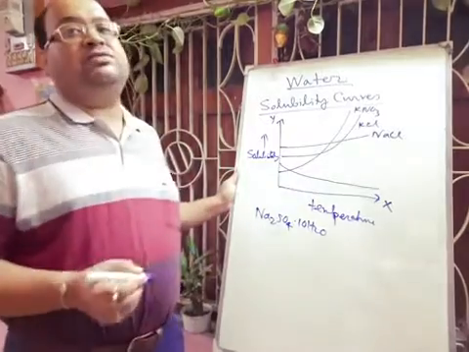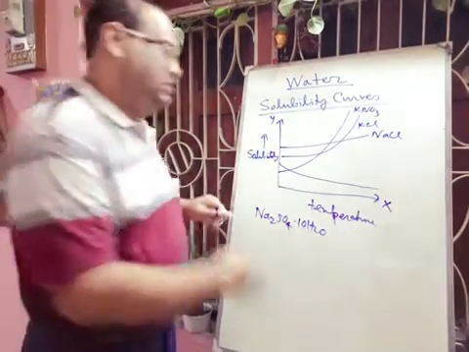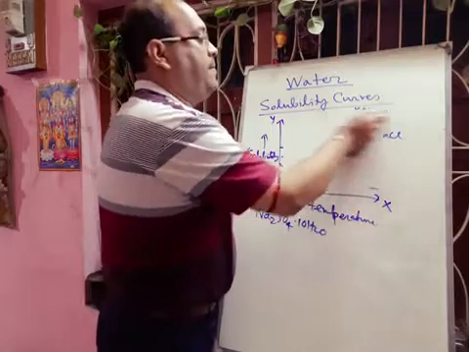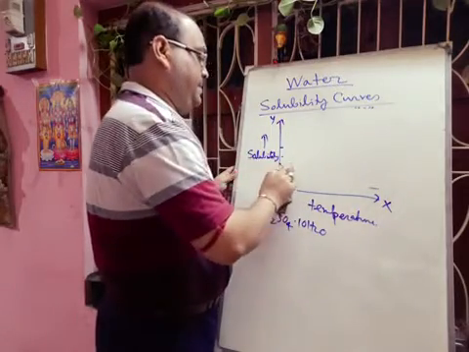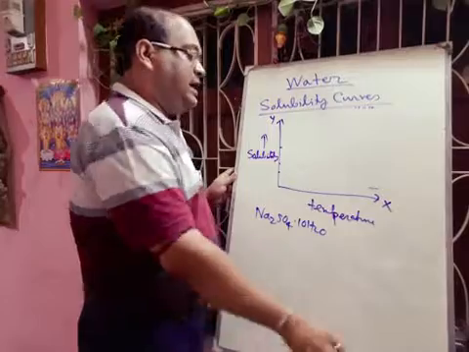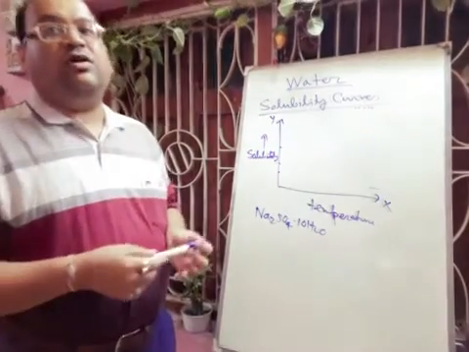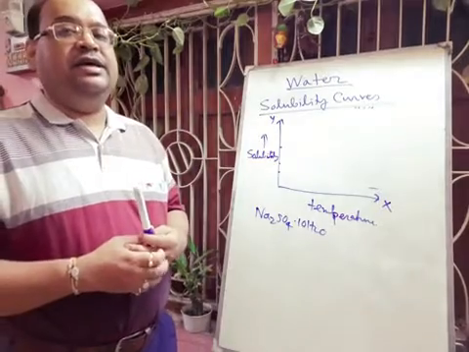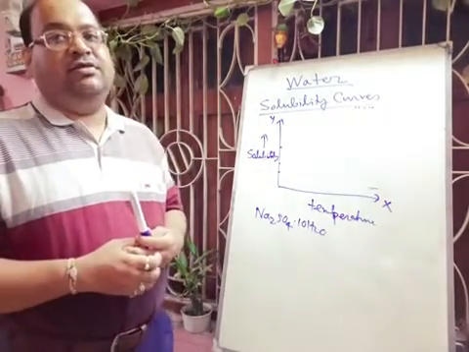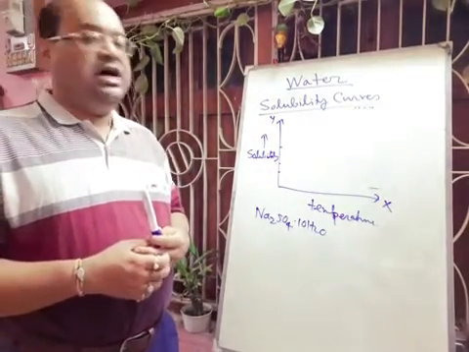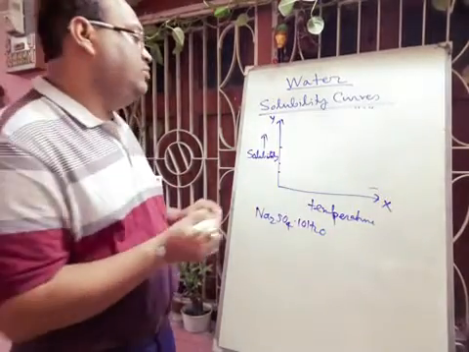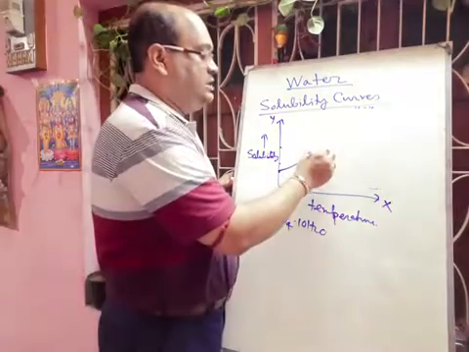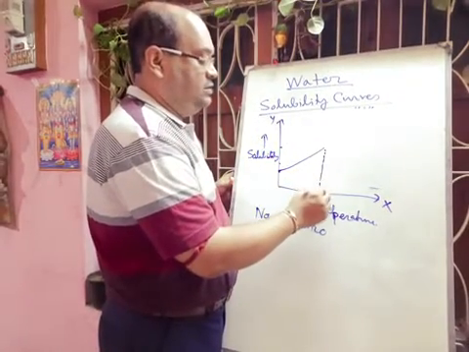So in this case, the solubility curve is not continuous. First, there will be a rise of this curve up to the temperature 32.8 degrees, and this temperature is 32.8 degrees, or in some books it is 32.4 degrees.